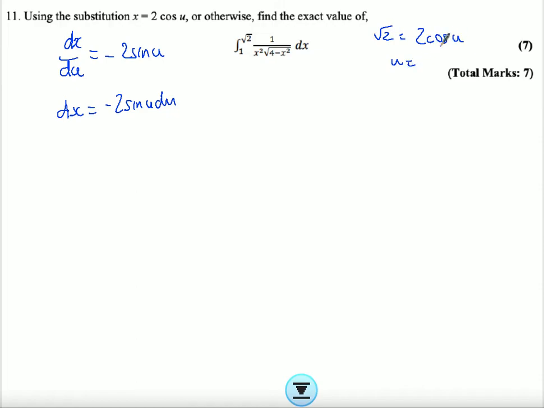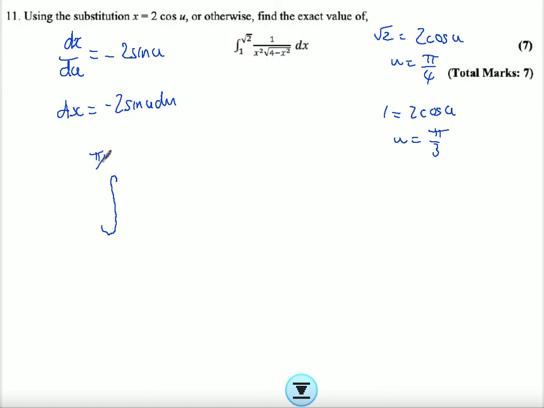So u, it's calculus, it's trig, so it's got to be radians. So u in this case is pi over 4. And then 1 equals 2 cos u. So u in this case is cos u is a half, and that occurs when u is pi over 3. So it's a good start, to pick up some marks where we can.